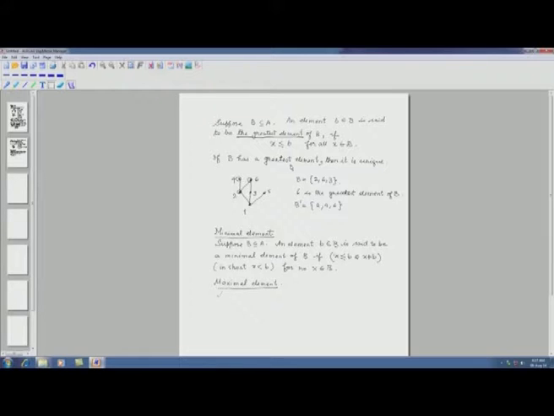So, I write u, an element u belonging to capital B is said to be a maximal element of B if u strictly less than x for no x belonging to B, that is u is not dominated by any other element of the set B.